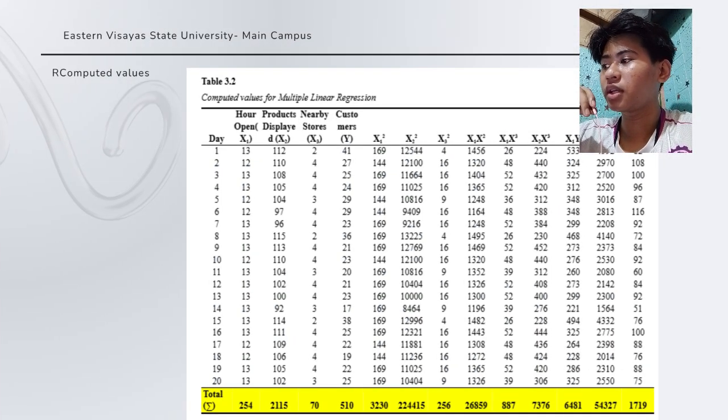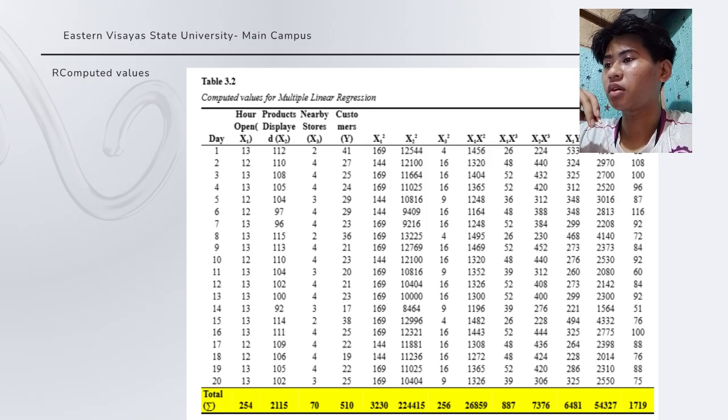And the next slide is our computed values. It was computed using Microsoft Excel. The computation includes x1 squared, x2 squared, x3 squared, x1 times x2, x1 times x3, x2 times x3, x1 times y, x2 times y, x3 times y, and then the total of each element.